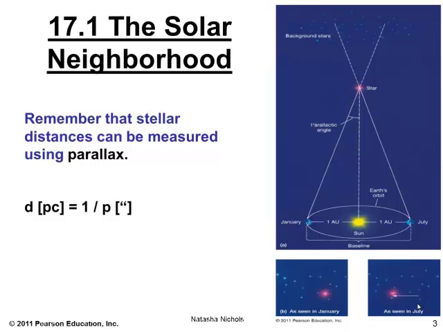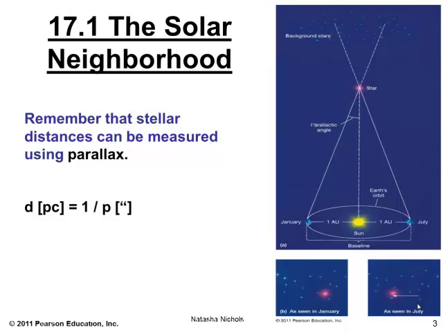This makes it very easy to calculate the distance to a star given the parallax. The formula is simply d equals 1 over p, where the parallax p is expressed in arcseconds and the distance d is expressed in parsecs.